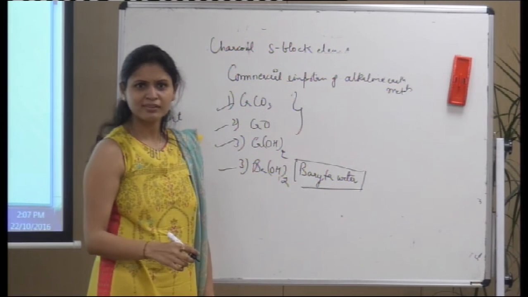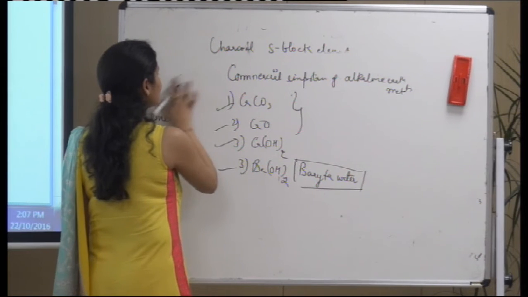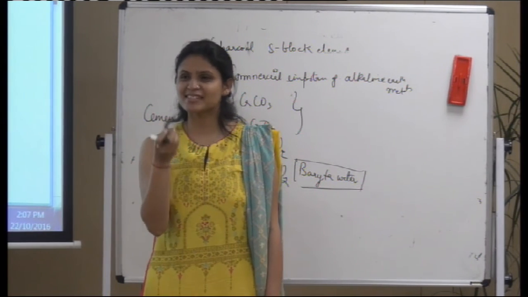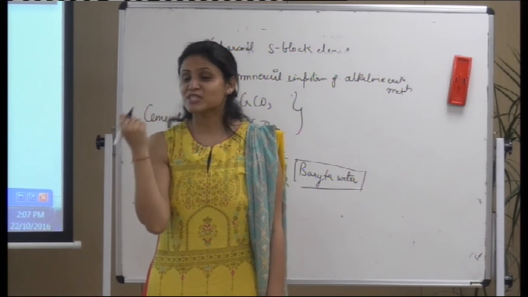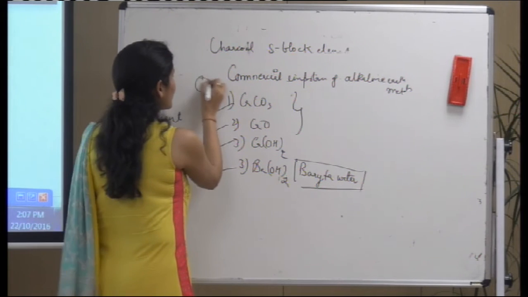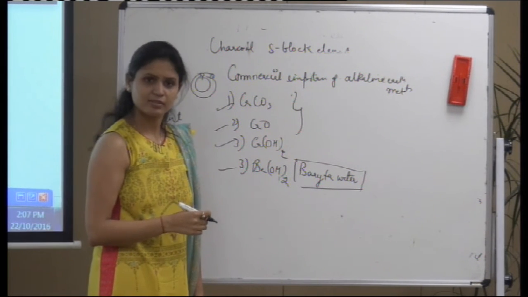coal. Coal is a form of carbon only. You have seen the advertisements that this toothpaste, this face wash contains charcoal. What does charcoal do? Charcoal adsorbs the impurities on the surface, just like a chalk.